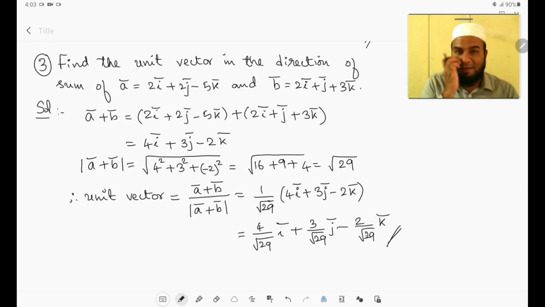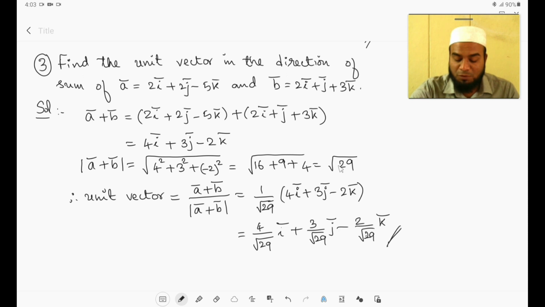This is how we evaluate the unit vector in the direction of the sum of two given vectors. So two vectors are given. First we added those two vectors, then we got 4i plus 3j minus 2k. Because we need a unit vector in the direction of a bar plus b bar, we have to evaluate its magnitude, which we got to be root 29.